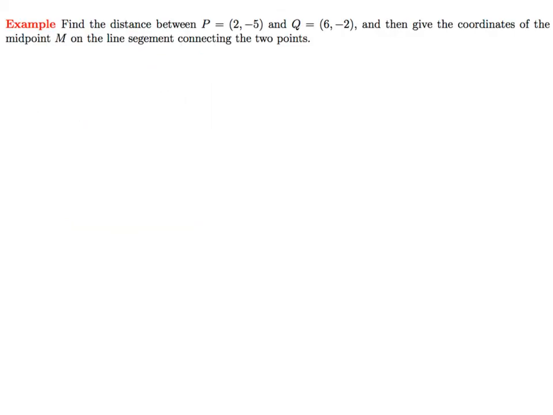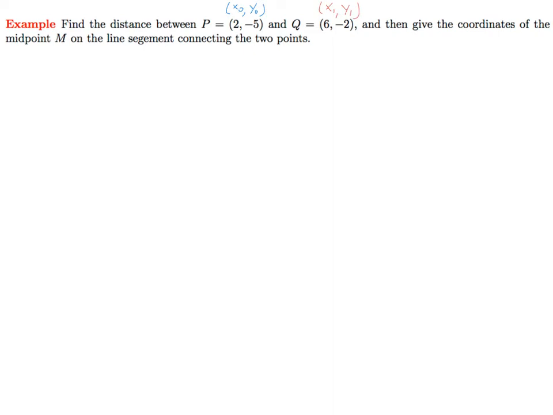And now let's take a look at how we can apply these distance and midpoint formulas to working with the points P and Q, where P is at 2, minus 5. So we'll call this our x0, y0. And Q is at 6, minus 2. So that's going to be our x1, y1.